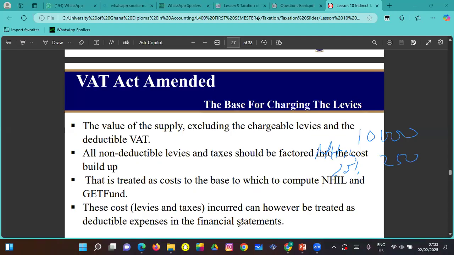Then you calculate your GETFund, which is also 2.5%. You get 250. Then you calculate your COVID levy, which is 1%, which is 100. So you are going to get 10,600. Now this 10,600 is where you are going to apply the VAT of 15% on it. You get a VAT of 1,590. You get the whole concept. That's what we are trying to understand here.